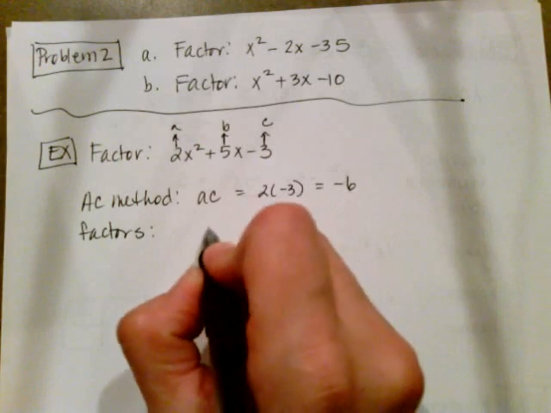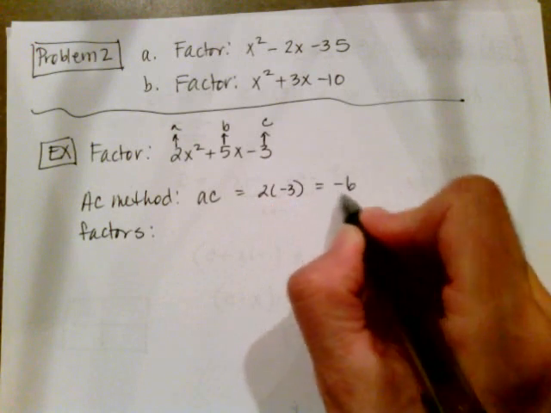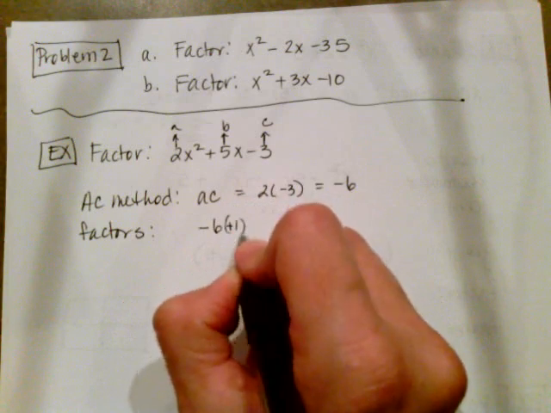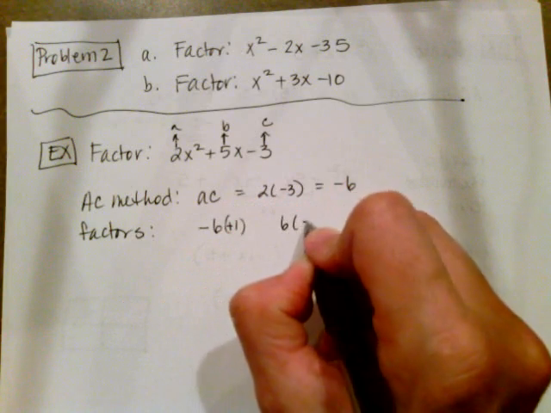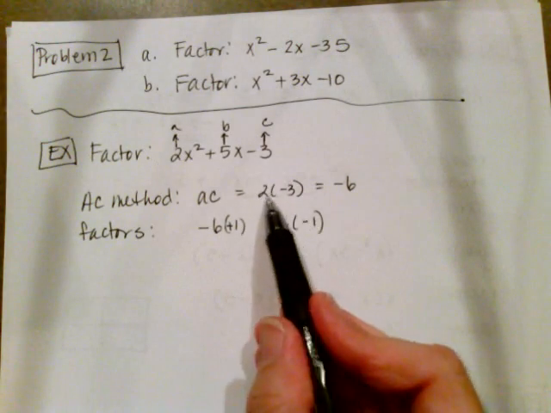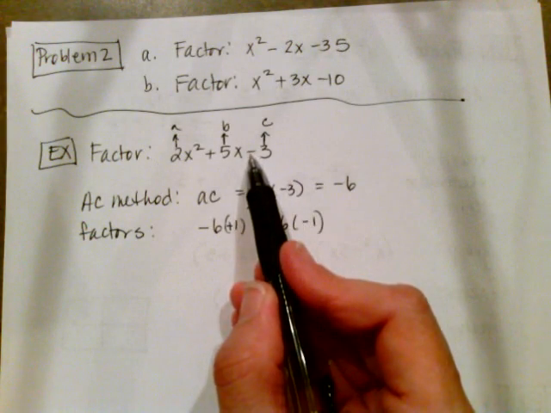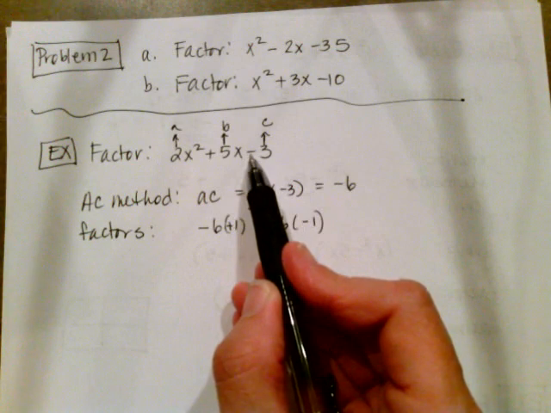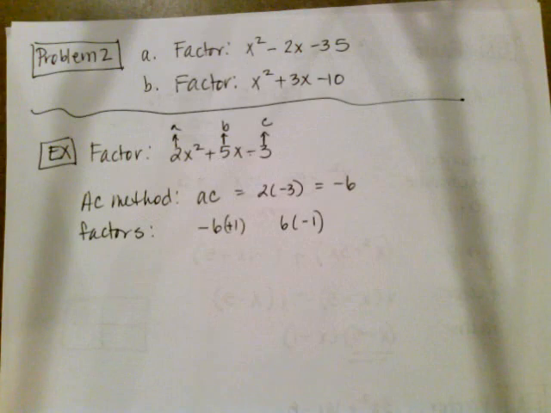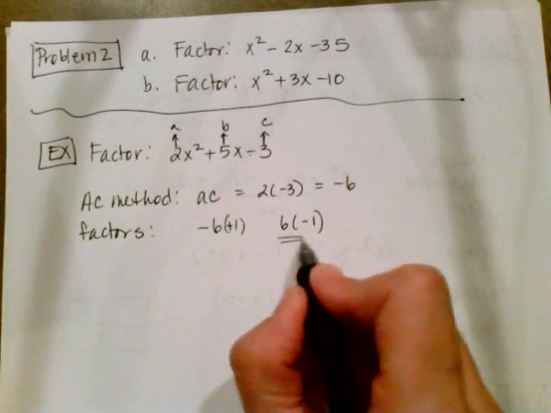And remember, it has to be the factors of the negative 6. So I could do a negative 6 and a positive 1. I could do a positive 6 and a negative 1. Okay? I'm not choosing the 2 and the 3 because the negative tells me that I need to subtract. This positive tells me that the larger of the 2 numbers is positive, which means that's the option that I'm going to choose.